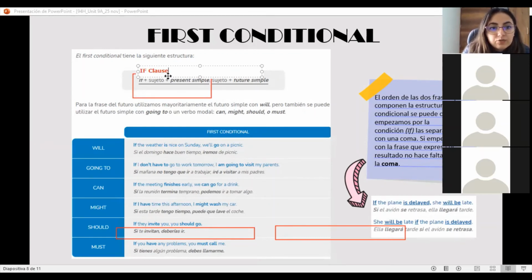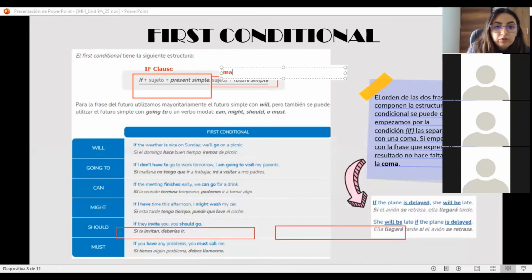Que es la cláusula o la oración condicional, o dando la condición, ¿sí? Para que algo suceda. Y luego tenemos la main clause, que sería la segunda parte, o la oración del resultado, o consecuencia, ¿sí?